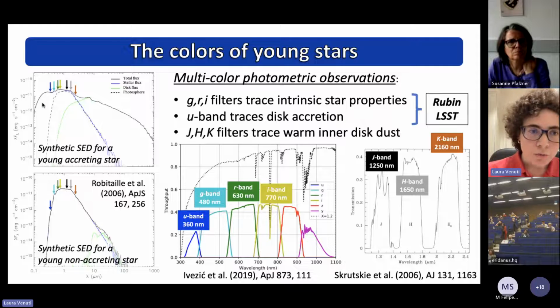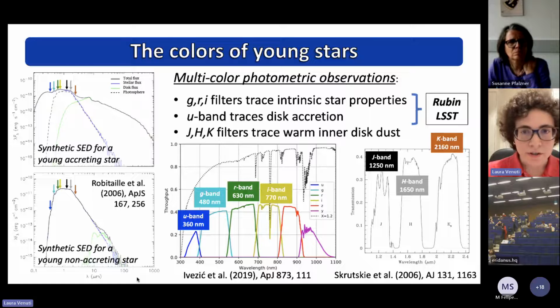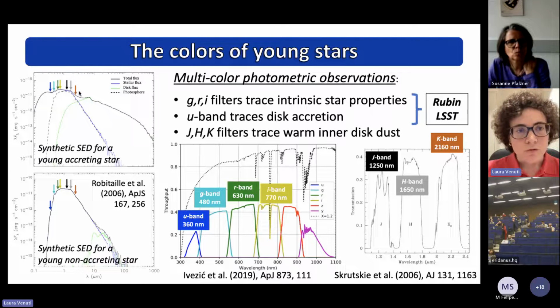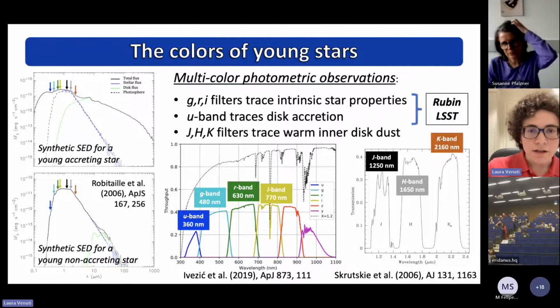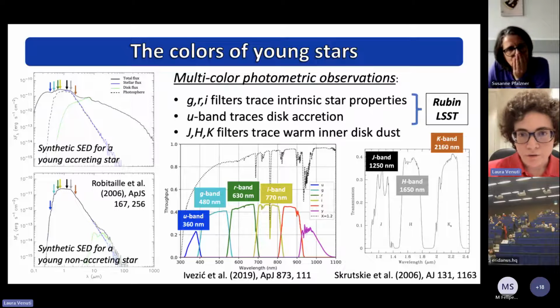And so we can use the U band to distinguish between a young star that is undergoing accretion from a thick disk from a more evolved young star where accretion has already stopped and where the disk has largely disappeared. And then if we move out to the infrared, we can study the evolutionary stage of the disk itself.